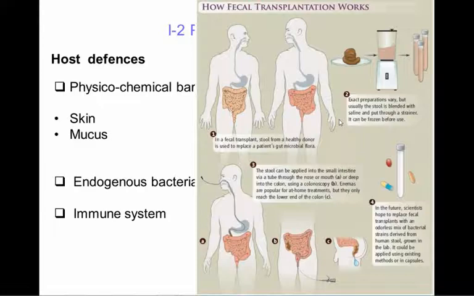So what we do, we take the feces from this person here, put it in a blender, and prepare some kind of bacterial suspension, and then administer it into this poor person's gut, either through the nose and start seeding the bacteria into the small intestine, or through the anus up through a tube here, and you can seed the bacteria into the colon.